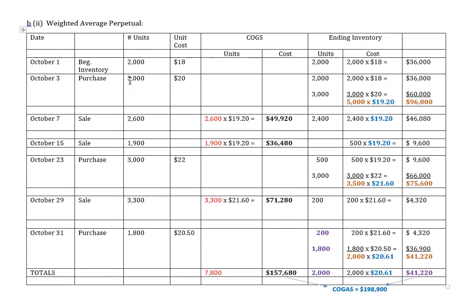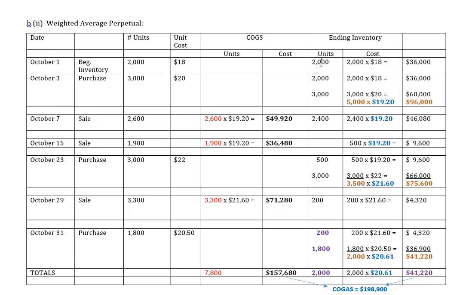So here we've purchased 3,000 units of inventory at $20 a pop. We want to calculate, because it's a purchase, what's the weighted average cost of our ending inventory. Because if the next transaction after October the 3rd happens to be a sale, and guess what, it is, we want to make sure that we have the most up-to-date weighted average cost so that when the inventory comes out, we're taking it out at the most recent weighted average cost.